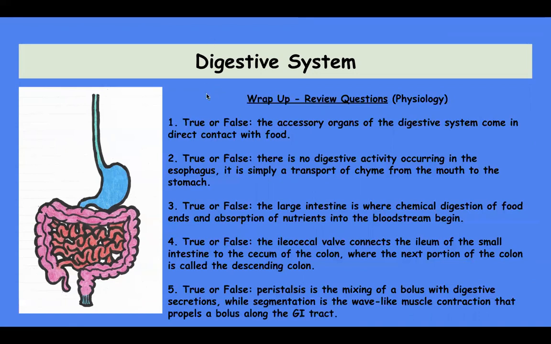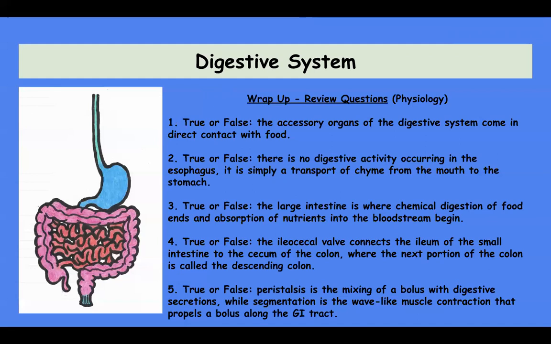For the sake of time, and since I don't have PowerPoint slides on the physiology behind the GI system, I will refer you to your lecture slides, lecture notes, textbook, etc. I've got 5 questions here. These are all true and false questions, and I'm going to give you a minute to tell me. You can just write T and F to save time.